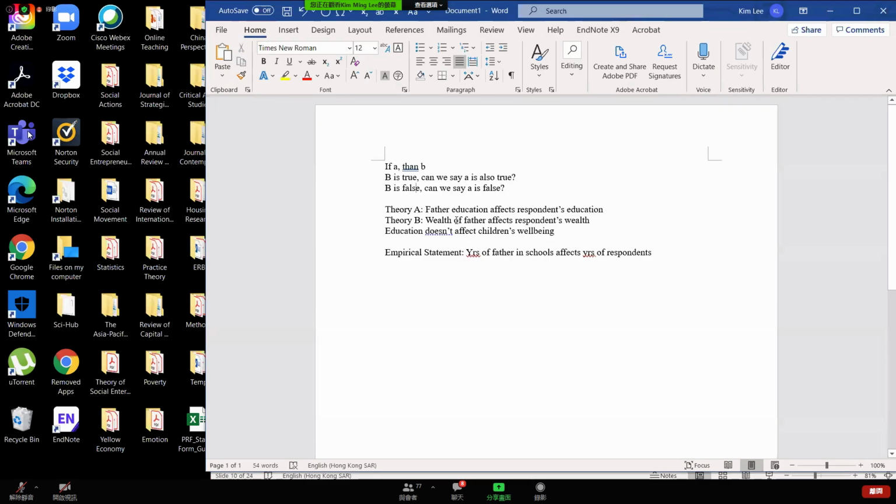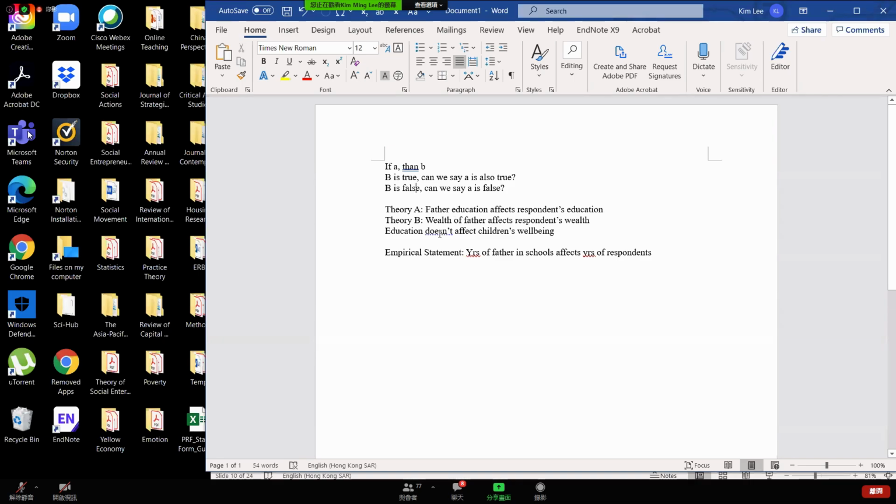If you have a rich father, he can get a lot of schooling, not directly because of competence. Respondent's wealth will also get you more education. So you can derive the same empirical statement from wealth instead of talents, for example.